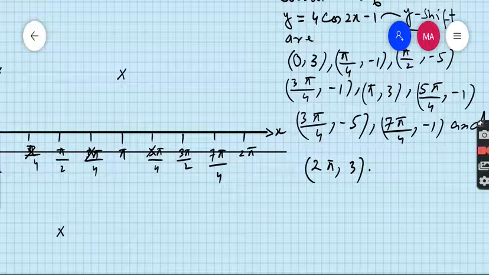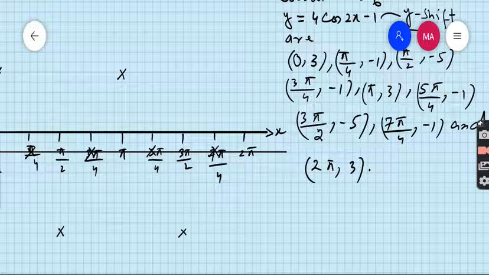For 3 pi by 2, the value is minus 5. For 7 pi by 4, the value is minus 1.